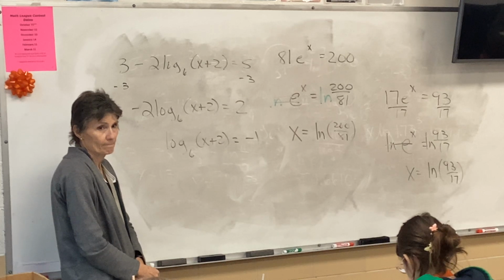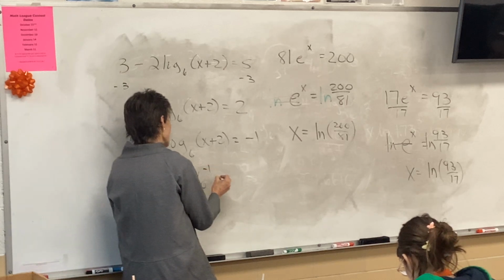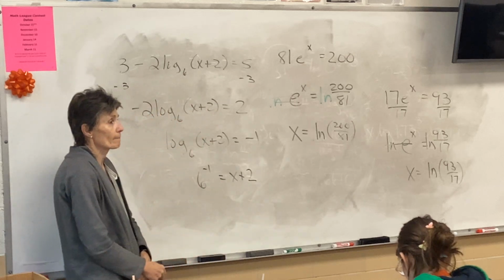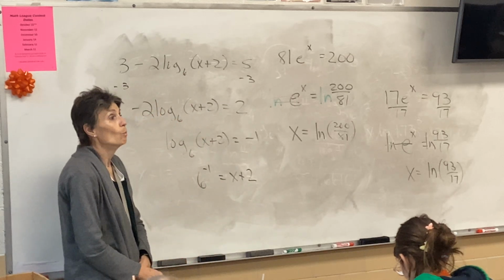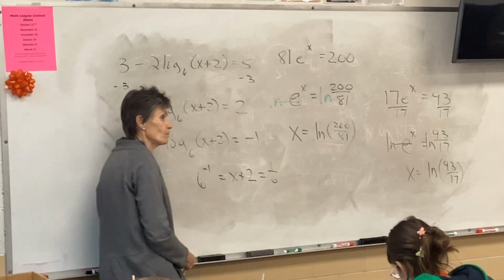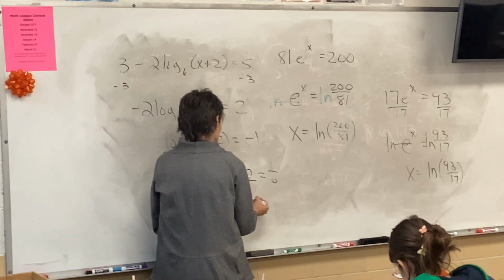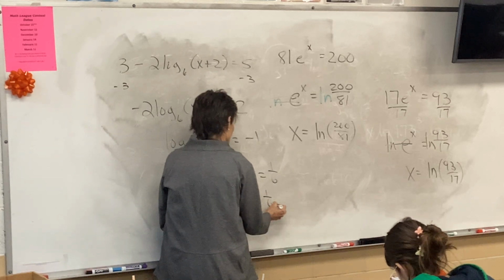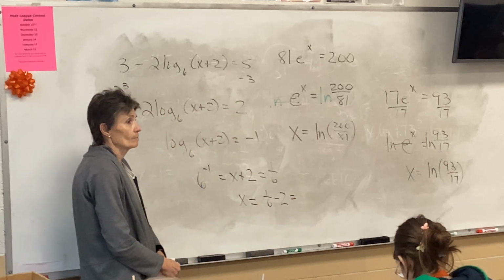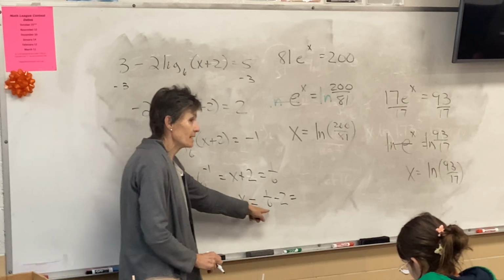Okay, loop-de-loo. So 6 to the negative first equals x plus 2. 1 over 6, so x plus 2 equals 1 over 6. Subtract 2. Now that won't be a radical, because that's not an exponent, right?